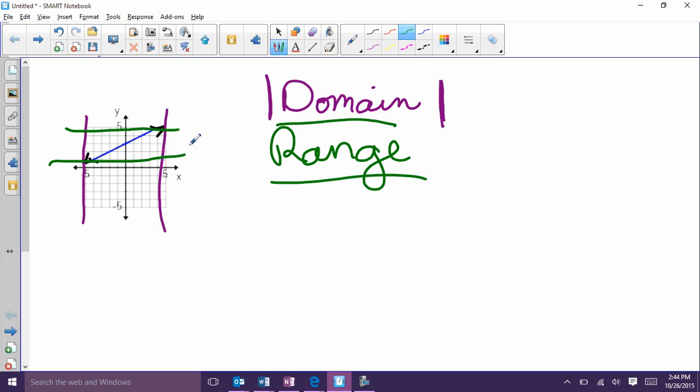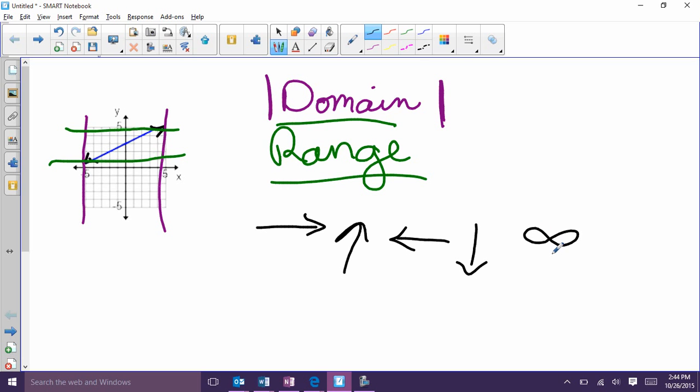So something that you should remember from our notes is that when you have arrows on either end, these all get infinity or negative infinity. If it's on the left or at the bottom, you get a negative infinity. If it's on the right or at the top, you get a positive infinity.